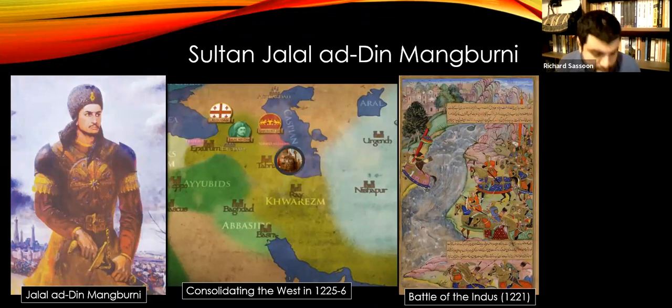Now, Jalaluddin was an incredible military leader in terms of his knowledge and his strategic ability. He was much less effective as a diplomat, or at inspiring the loyalty of his population.